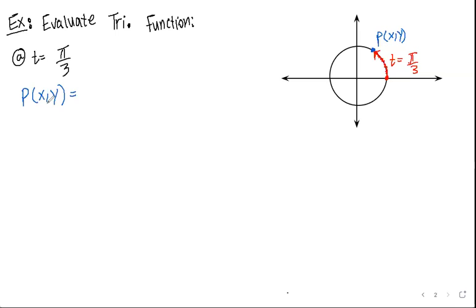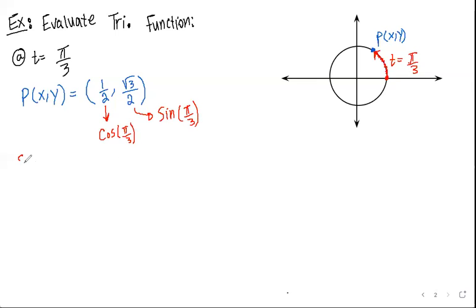Yes, this is true. So my terminal point, I get it from the table I gave you last time, is equal to 1/2 and the square root of 3 over 2. This is my terminal point. Now for the trigonometric functions, by using this point, this is my cosine of t, where t is pi over 3, and this is my sine of pi over 3.